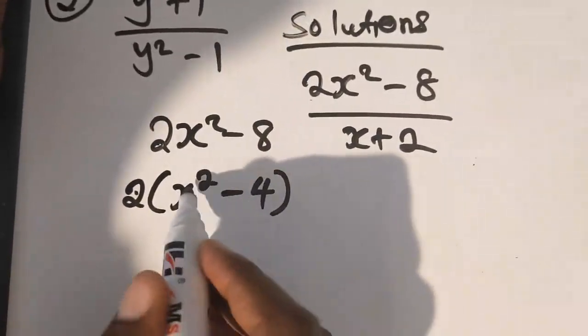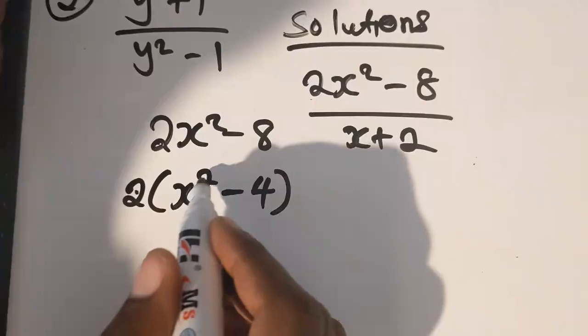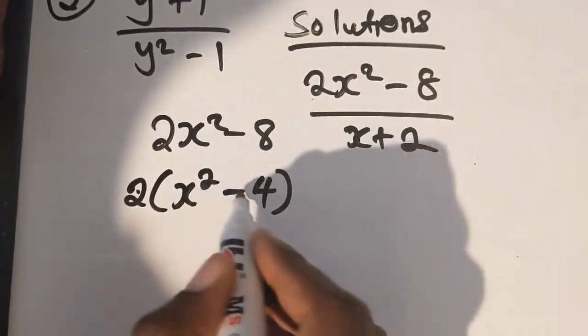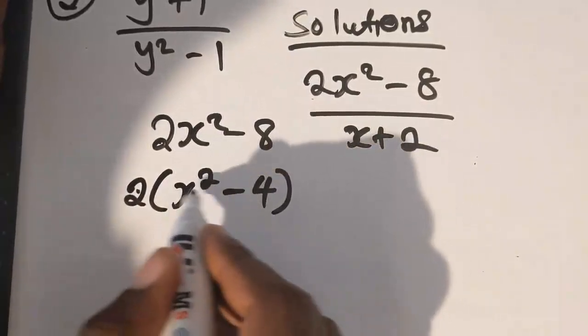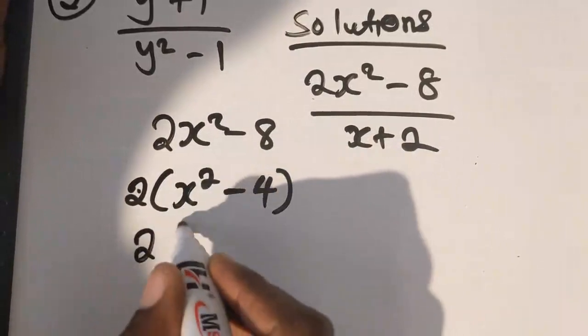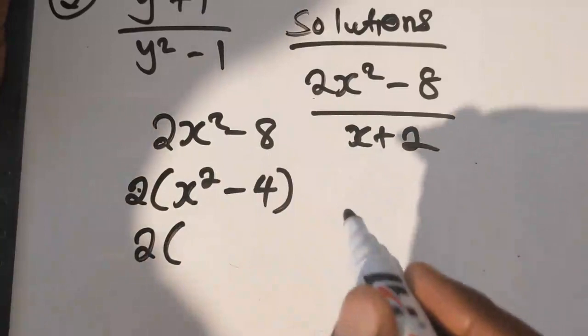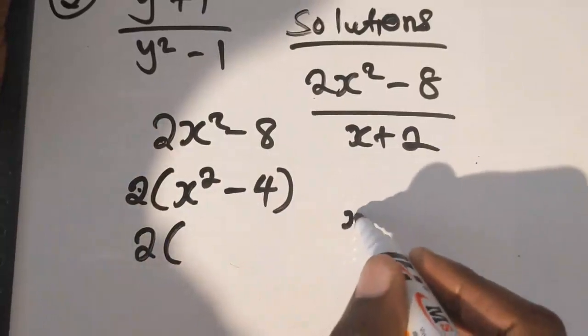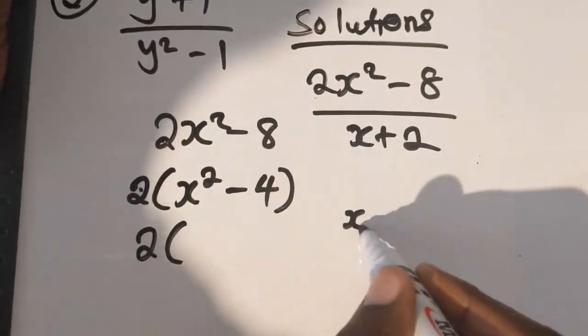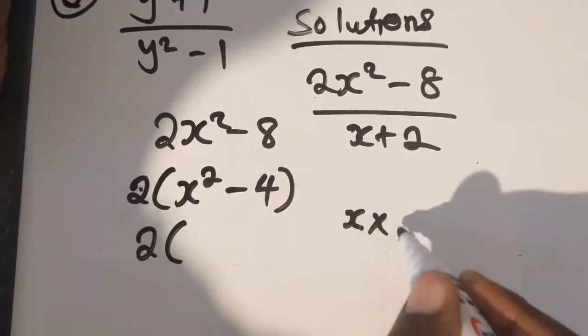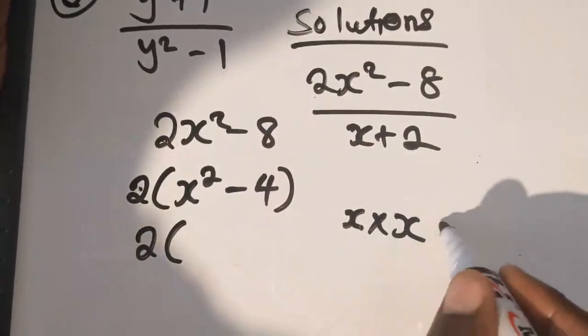Know that this is just the difference of two squares, meaning you need to find the square root of the two terms. What is the square root of x squared? I said in the previous videos that it is just x, because x times x gives you x squared.